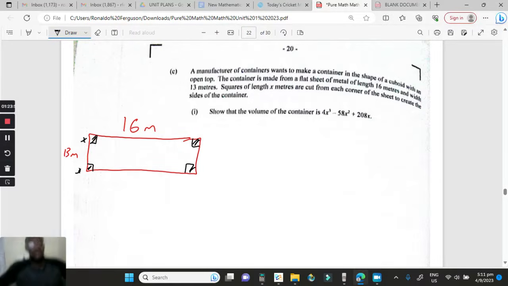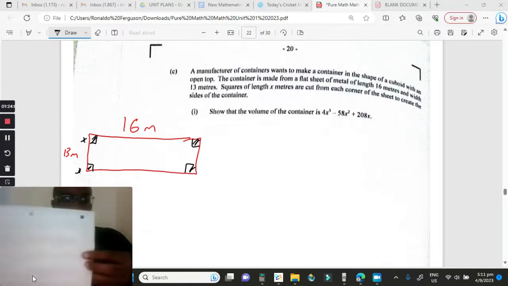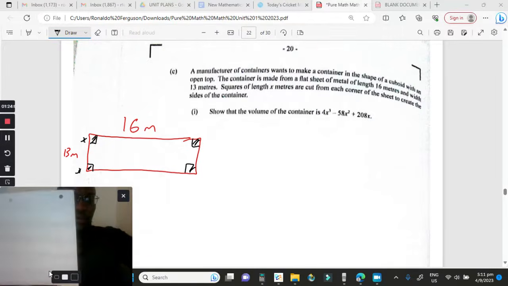Now I'm going to show it here with a piece of paper. I'll just make myself a little bit bigger so you can follow. So this is the piece of paper we have. What we do is we take out this piece. That's one box to take out.